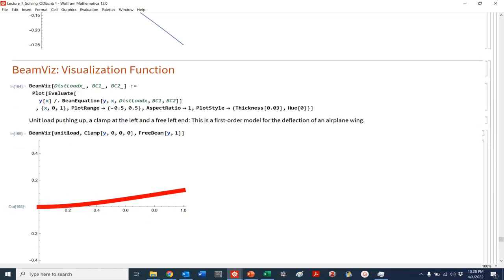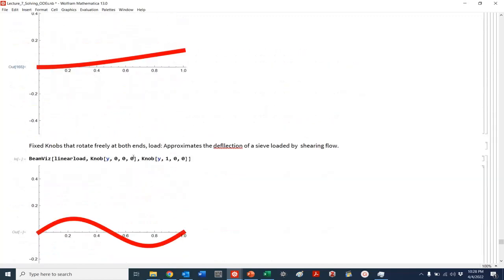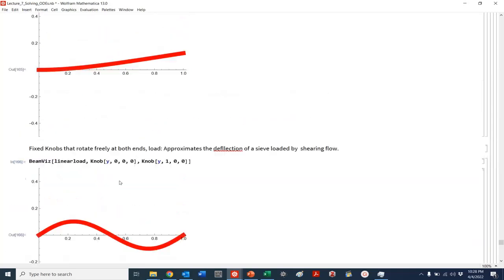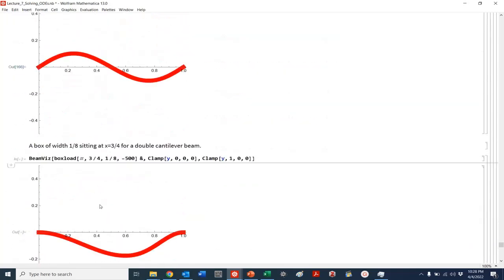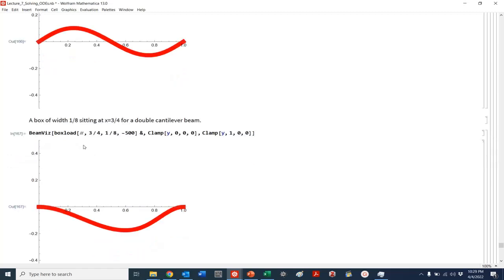You can see here I have beam visualization and distributed load. I can look at unit load here, clamping it, and then the free beam expression. You could do multiple knobs, so you can look at the deflections here. You could look at box load, sitting here with a double clamp.